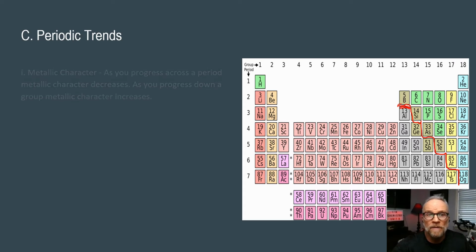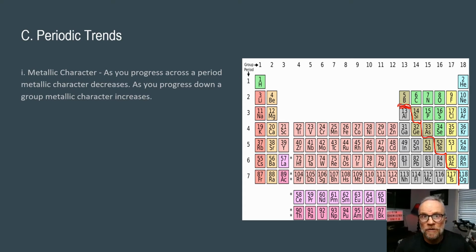And let's start with the metallic character trend. It says here, as you progress across a period, metallic character decreases. As you progress down a group, metallic character increases. And this makes sense because if we look at our table here, and if you go across periods, you'll notice that you're going from the metal side of the periodic table to the non-metal side.